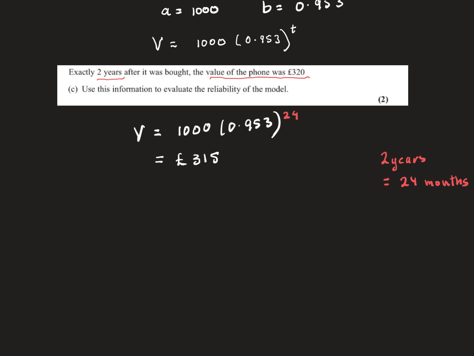£315. So we're asking ourselves, is this a reliable model? Well, our phone was valued at £320, and our model says that it should be £315. That's basically a £5 difference. When you think of the £1,000 that it was initially, the £5 difference is really not much.